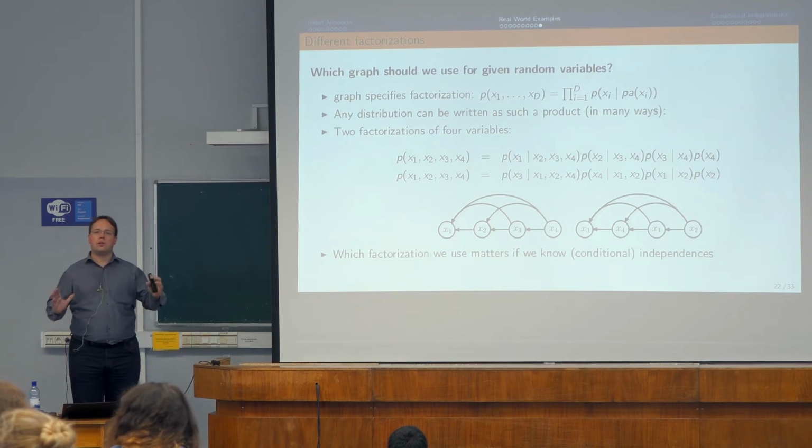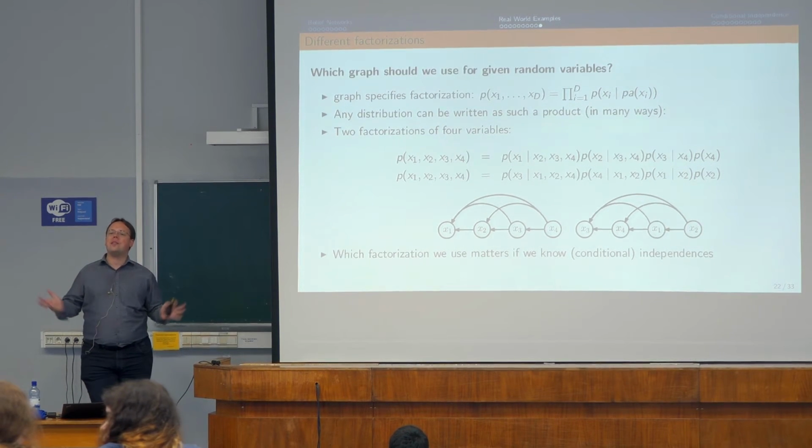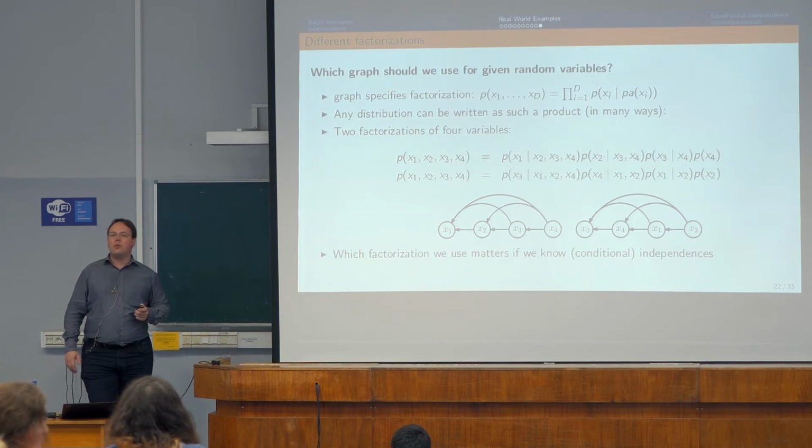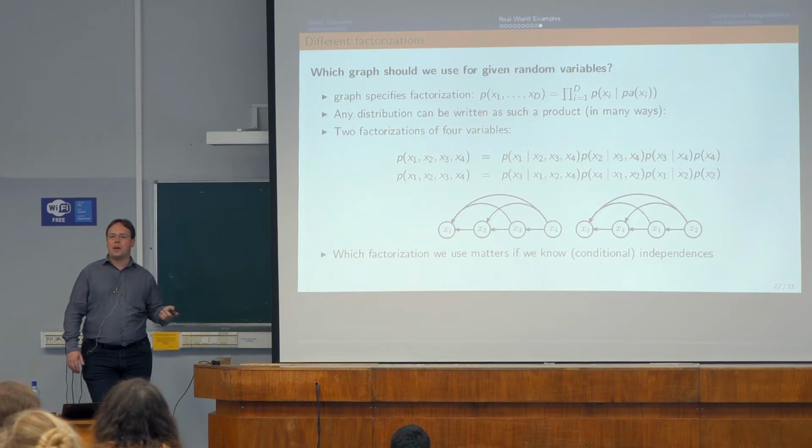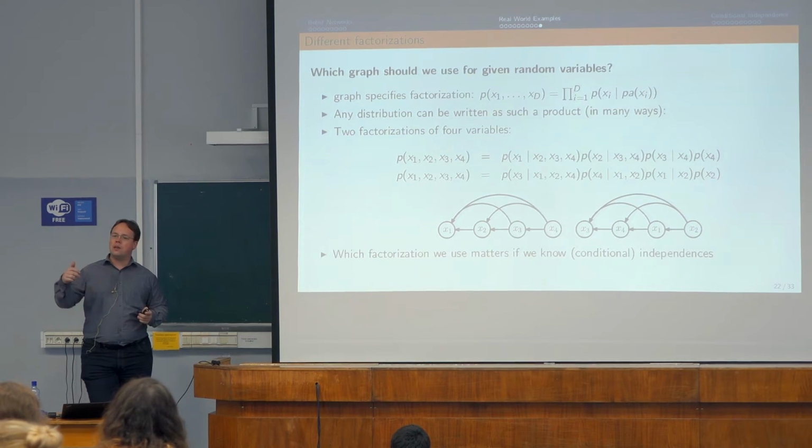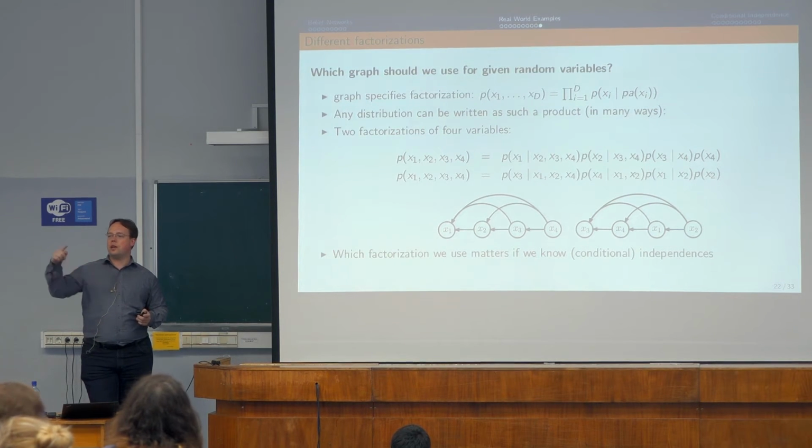So you have a certain number of variables. How should you write them as a graphical model with arrows? Well, that depends on how easy you can get it based on the conditional independences that you know. We saw for the Holmes examples that some things were independent of others conditioned on third variables, so that would mean you need to condition on fewer things. That means you need fewer arrows.